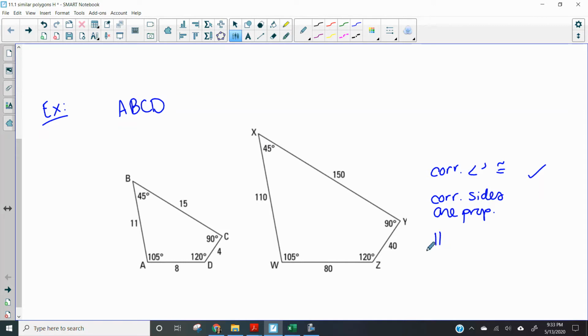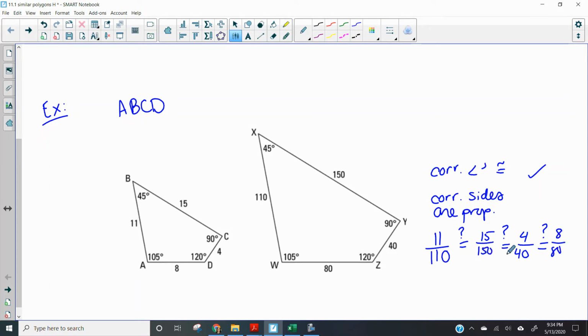If I look at this ratio, 11 to 110, we want to know, does that equal this ratio, 15 to 150? And we have to check all of them. So does that equal this, 4 to 40? Matching up all of my corresponding sides. They're not congruent like we're used to with corresponding sides. And again, does that equal our last one here, 8 to 80?